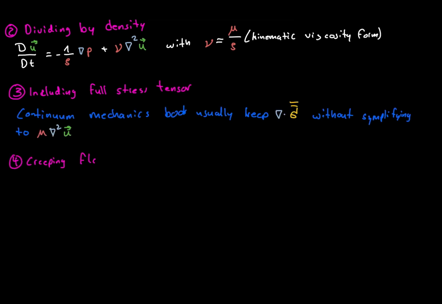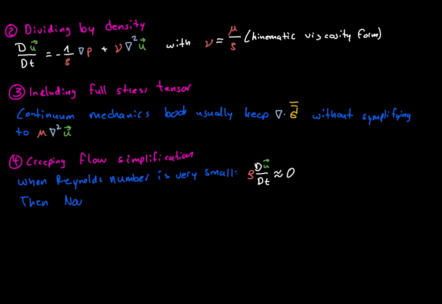Finally, consider one important limit. When the Reynolds number is very small, inertia becomes negligible compared to viscosity. In that case, the momentum equation reduces to minus gradient p plus mu Laplacian u equals 0. This is the governing equation for creeping, or Stokes flow.